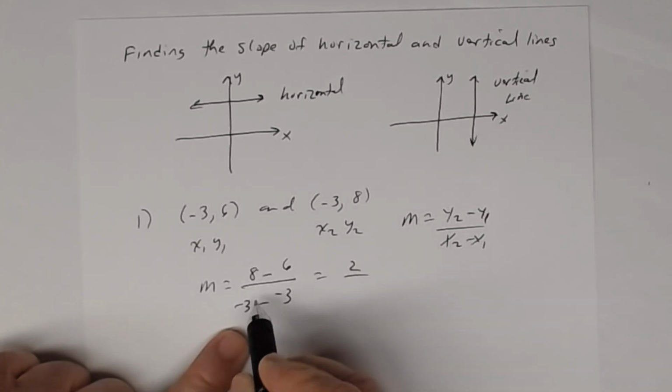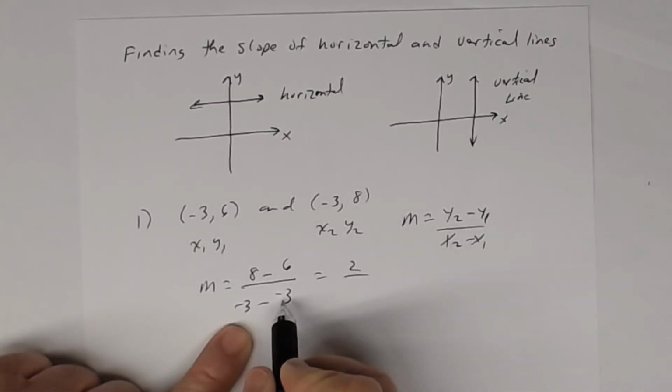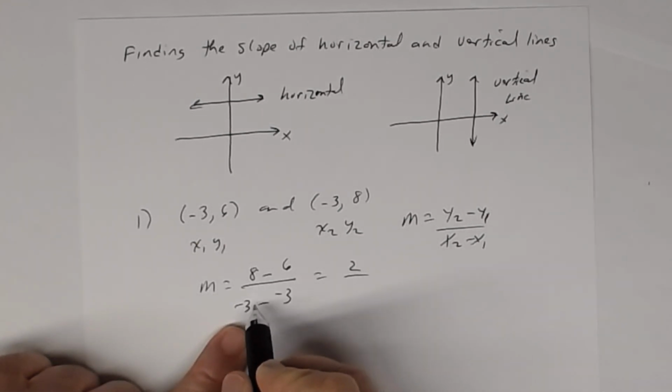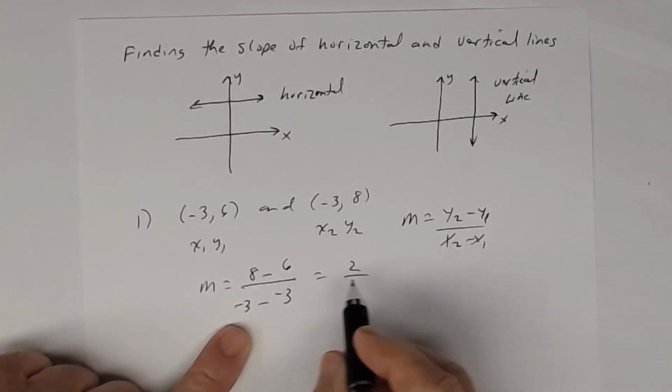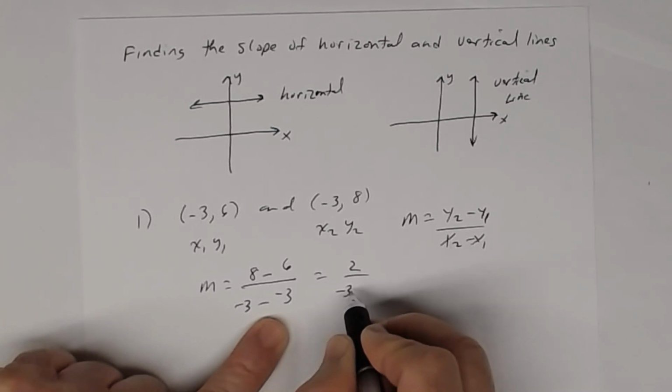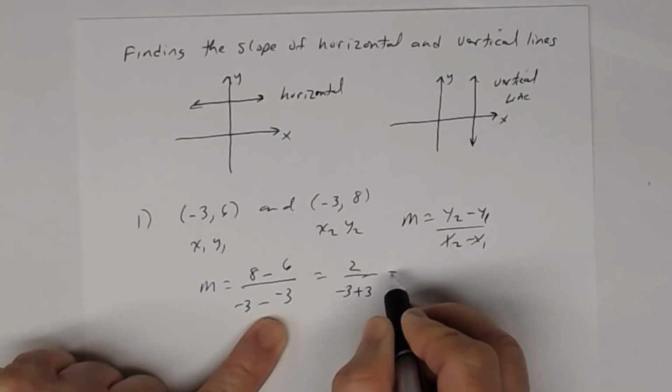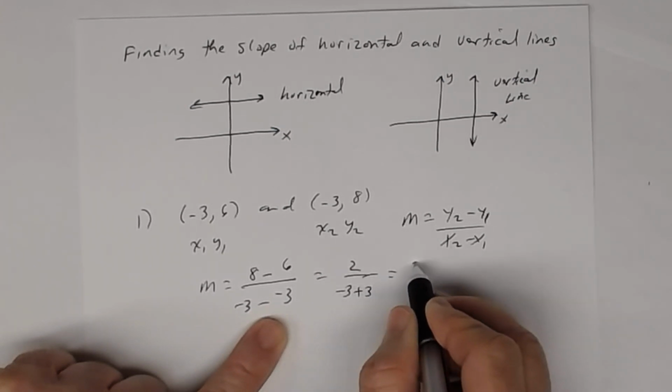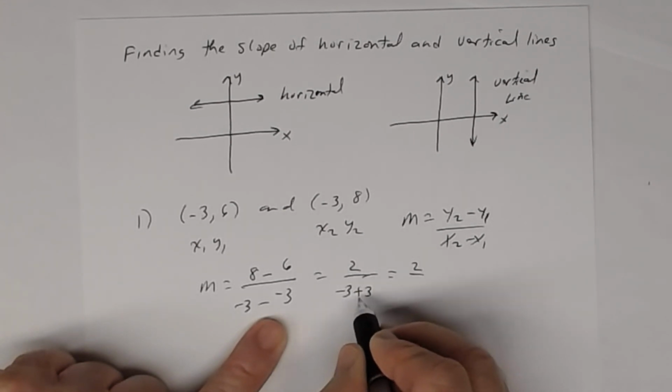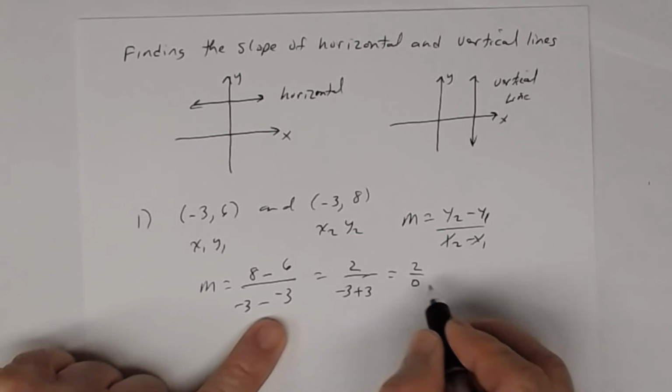Over here, though, -3 subtract -3, it helps if you change subtraction to addition. So it'll be -3 plus the opposite of -3, which becomes -3 plus 3. Those are opposites, so when I add them, I get 0.